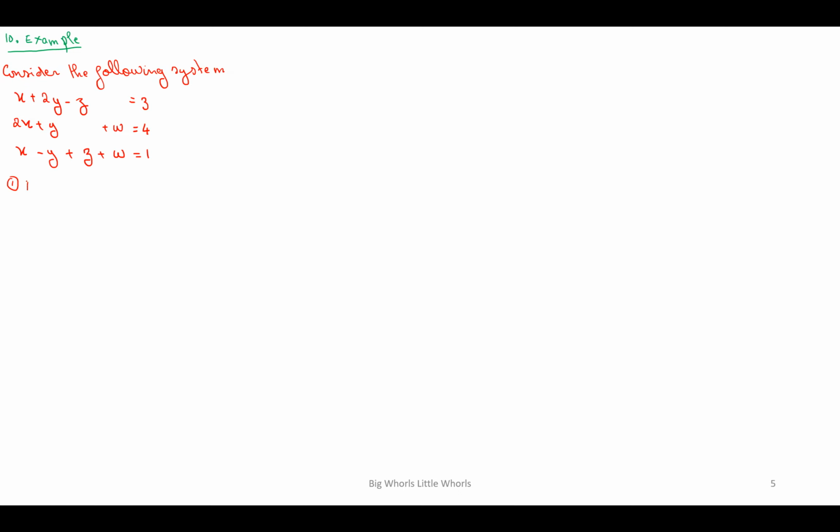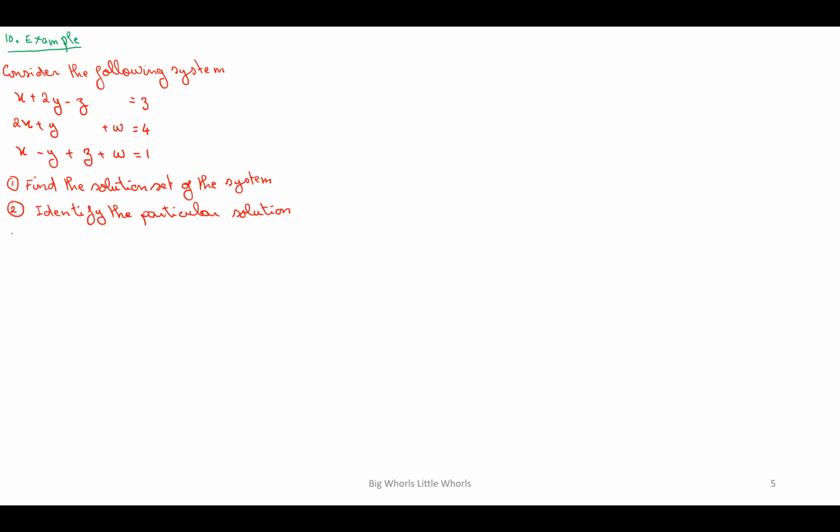So find the solution set of the system. Question 2 says identify the particular solution.